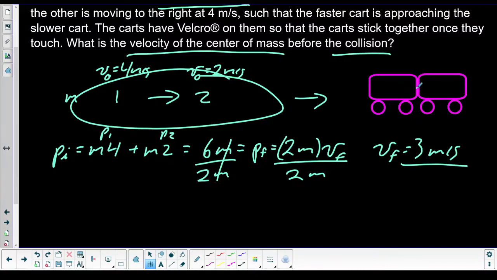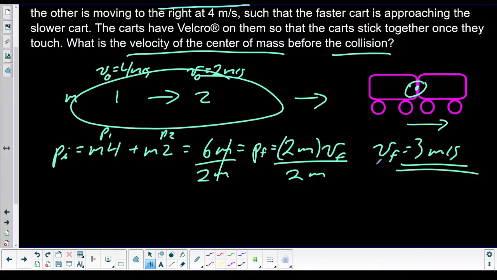The center of mass is right there, and this spot is moving that way at 3 meters per second. If it doesn't change during a collision and it's going 3 meters per second after the collision, it was going 3 meters per second before the collision too.